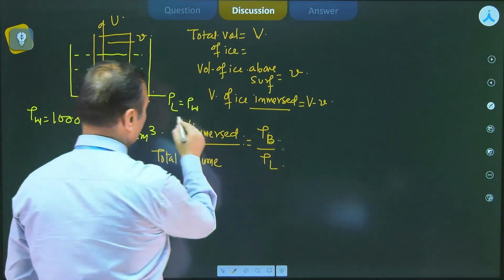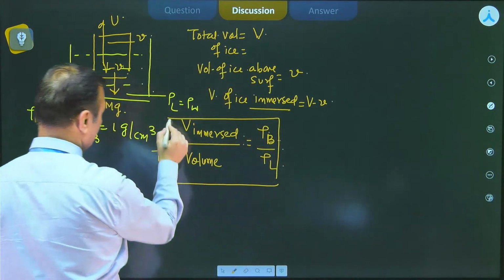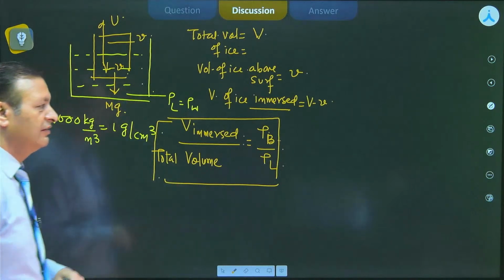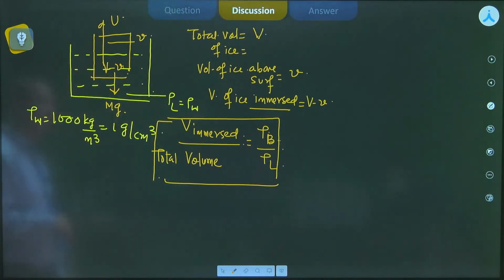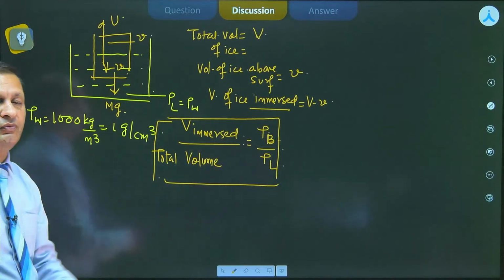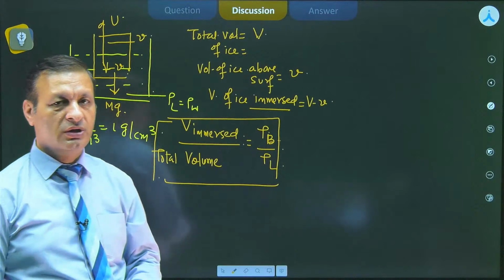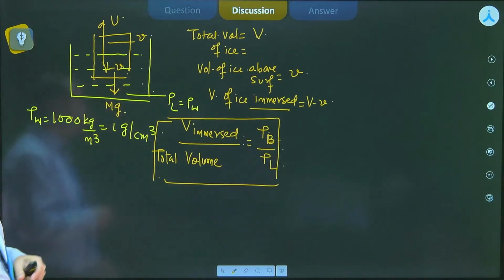This is the ratio we will end up with, and this is a very standardized ratio. This is very, very important ratio because this will help us to solve varieties of numericals. So if you want, I can show how we are getting this shortcut also, but not required. So we need to keep this formula or this shortcut in mind.